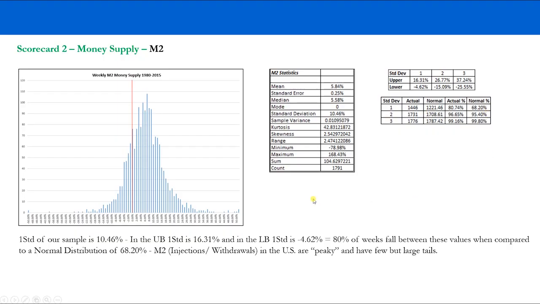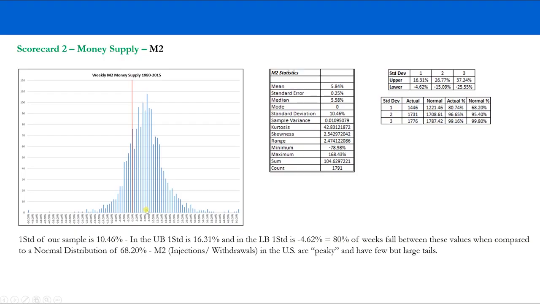So what does this mean for our data? Well, it basically means that M2 injections and withdrawals in the United States are very peaky, and they have few but much larger tails than a normal distribution. So what this means is that there's a very normalized rate of weekly growth on an annualized basis in the United States with M2.